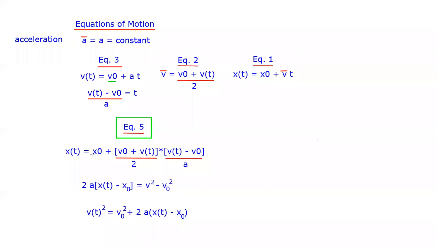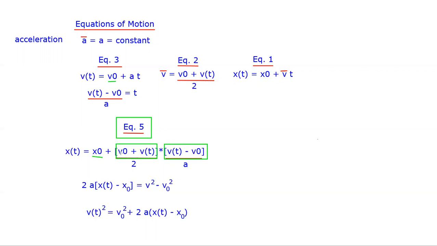So as we can see, to get to this step, we do a couple things. We take the initial position, and that goes from the right-hand side to the left-hand side. And we take 2a and multiply it by the equation, and then we take these two quantities, that quantity times that quantity, and this is basic algebra here.